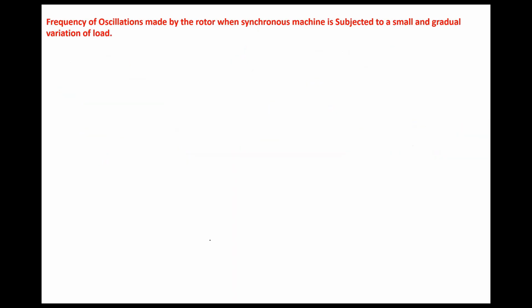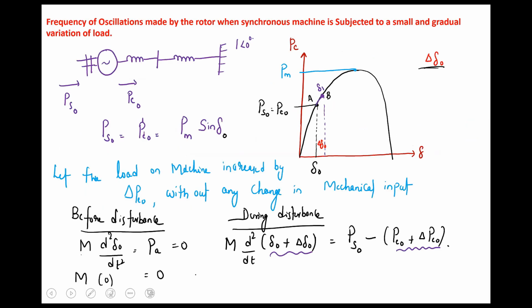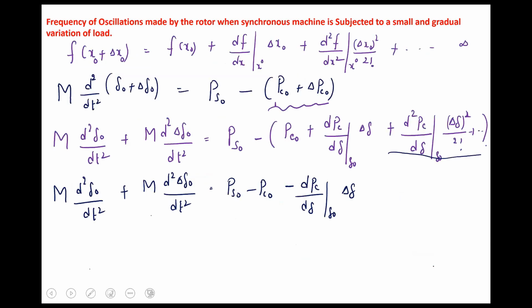If you remember from the equation in the previous case, before disturbance, m d²δ₀/dt² is equal to Pa, and Pa in this case is given by Ps₀ minus Pe₀, that is equal to 0. So these two terms are zeros, because before disturbance this term is 0 and this term is also 0.